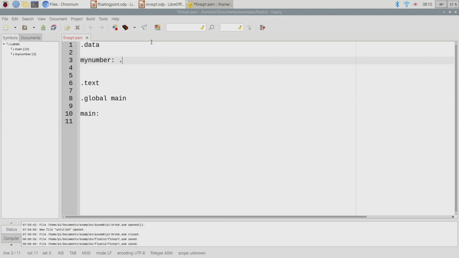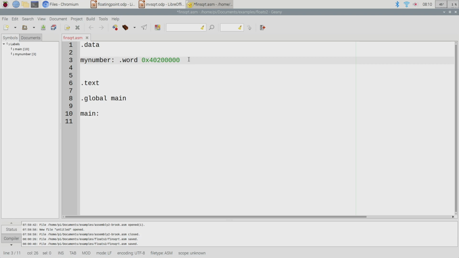Let's see, I don't want Word. Oh yeah, that is Word. So I can actually save numbers up here also in the data section the same way that I would strings.